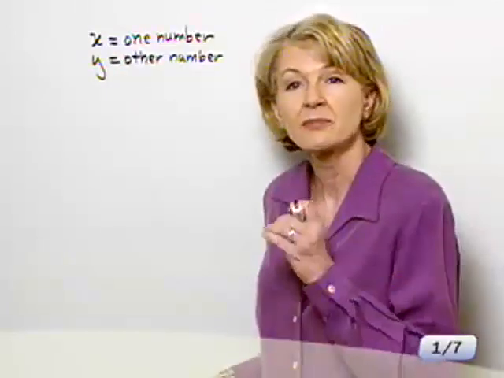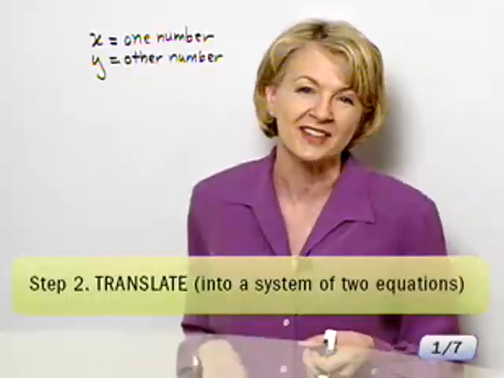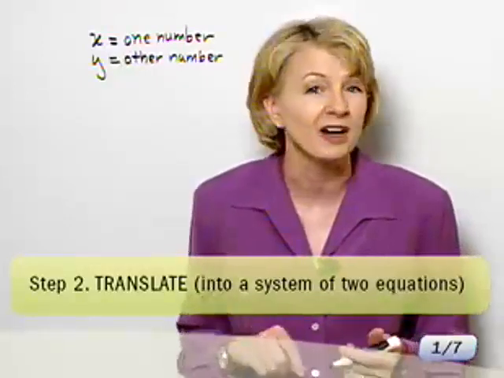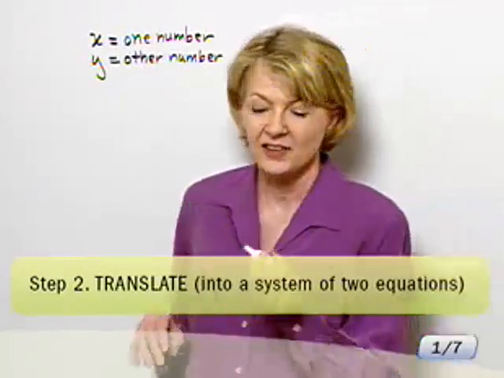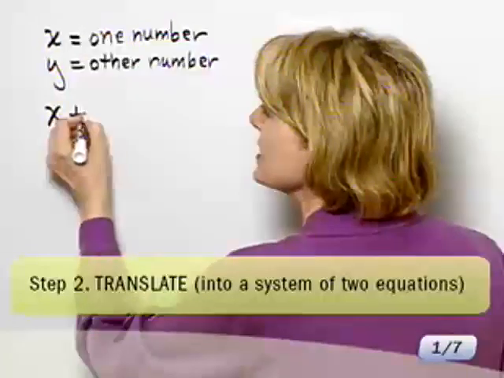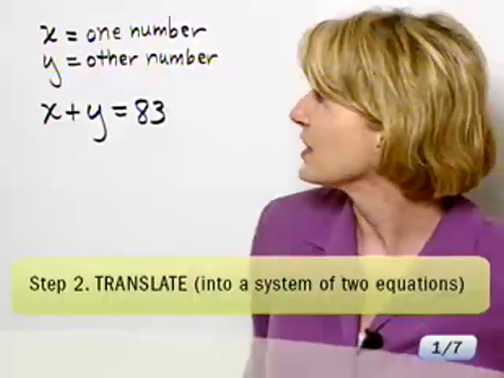Then we will set up two equations forming our system of equations. We're told these two numbers have a sum of 83, and we can use that to set up one equation. That means that this number, x, plus the other number, y, is equal to 83.